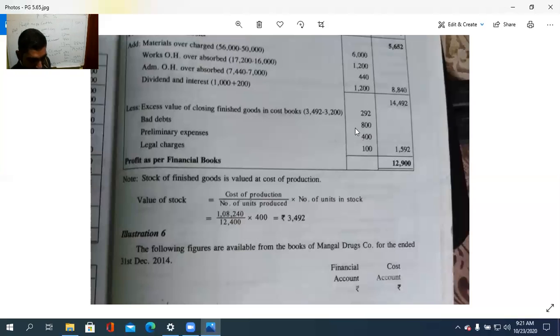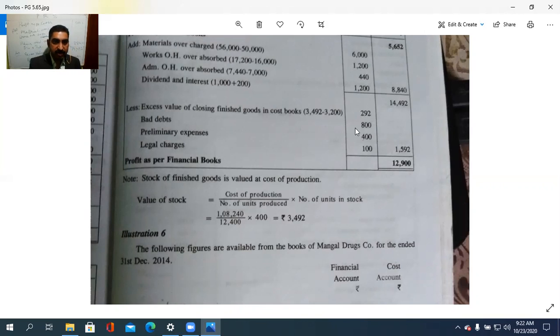So these are the type of problems to be dealt with in the case of profit reconciliation statement. So today we see the problems with regard to the profit reconciliation statement, how it should be reconciled with the profit as per the cost books and profit as per the financial books. Then we see in today's class that the cost sheet is to be prepared, the P&L account should be prepared, and take the difference between both the profits, so that we are reconciling it.